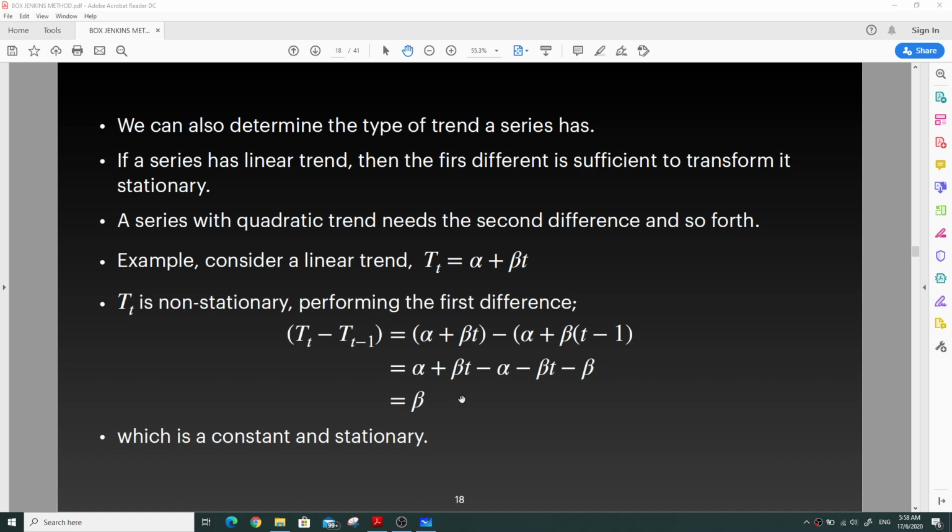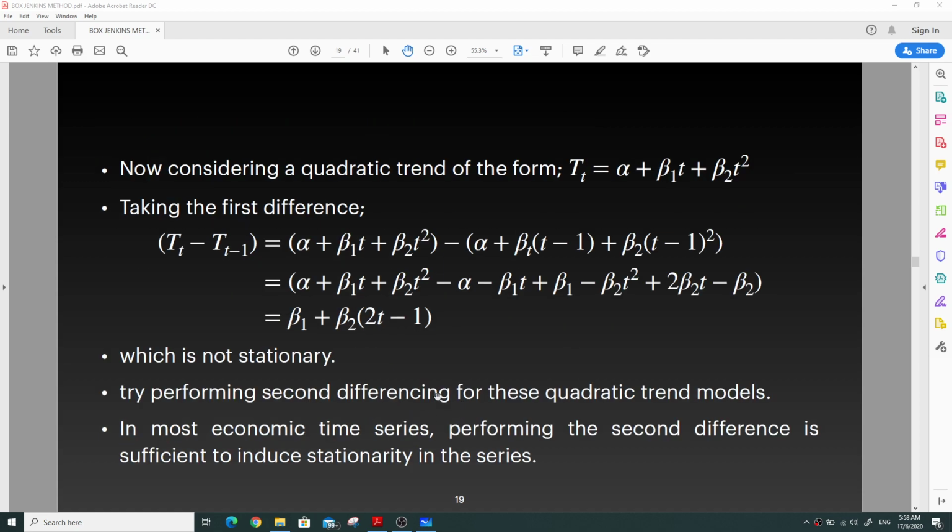When we get a constant value after the first difference, it means that the differencing of the linear trend has become stationary.